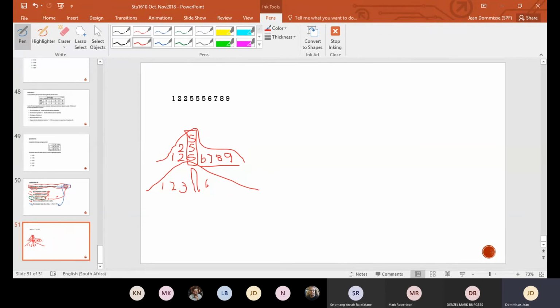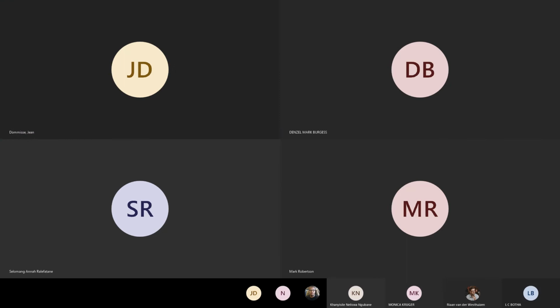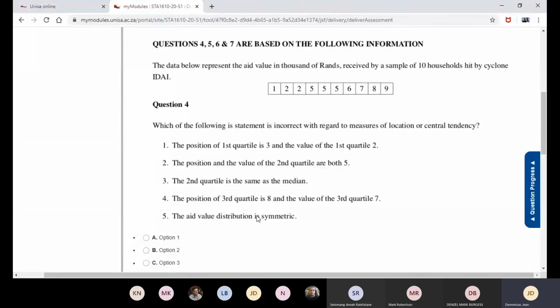So that's why I would have tended to go for the other one. That's why I would have gone for option 5 as being the one that is incorrect.